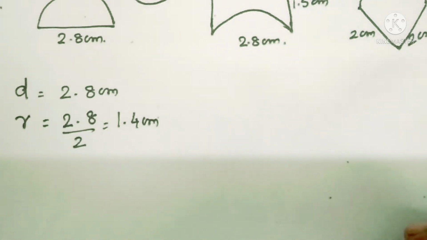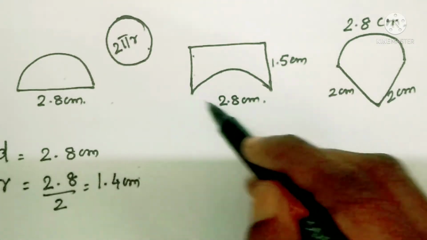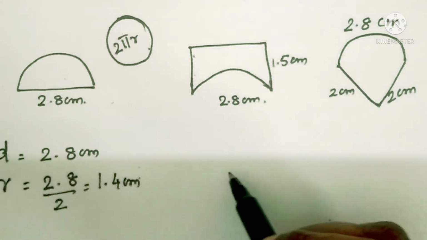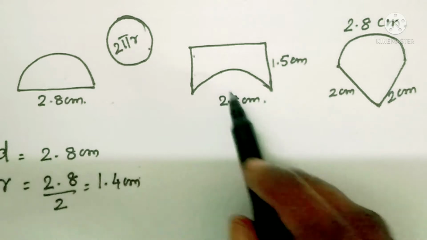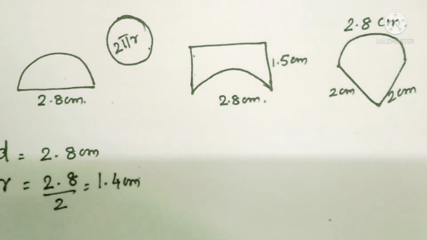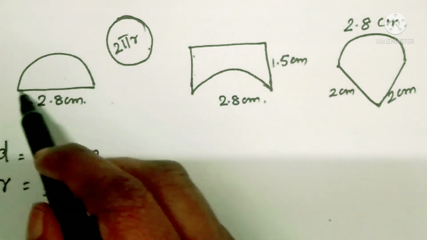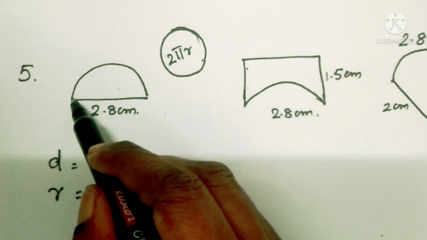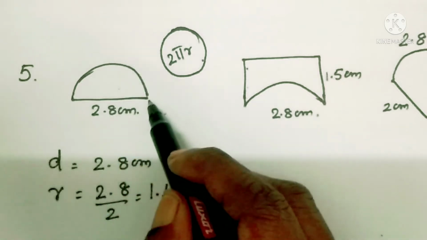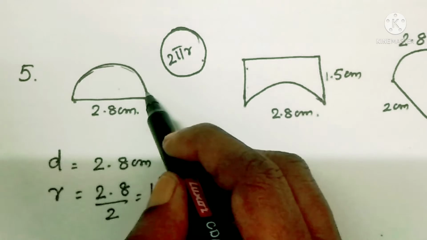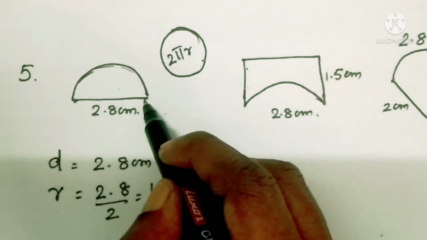Now if you observe all the figures, everywhere there is a half circle, and each semicircle has the same diameter. So here the diameter is 2.8, and here also the diameter is 2.8. If the ant starts moving from here and completes till this, it has to go around the perimeter of the semicircle and also along the diameter.